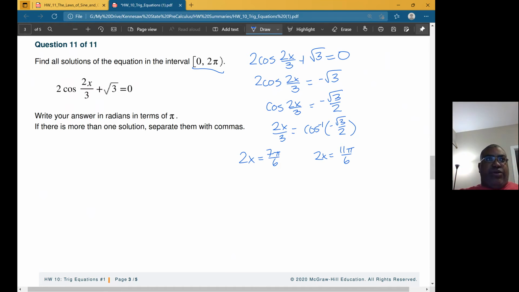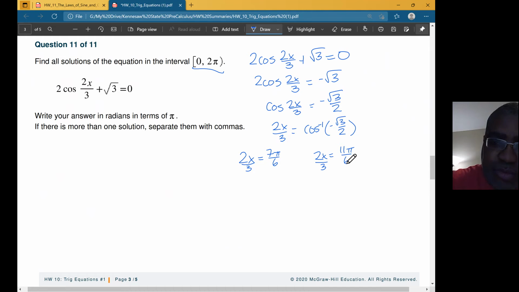These are the 2 places from 0 to 2 pi where cosine of theta is equal to negative root 3 over 2.